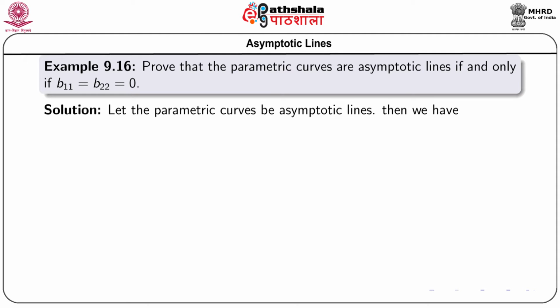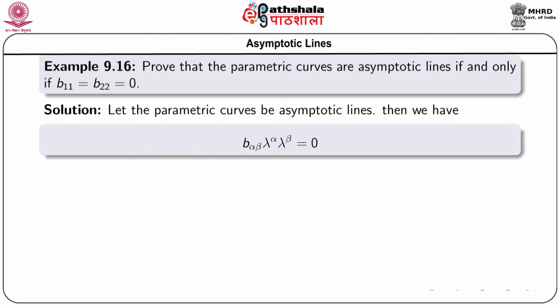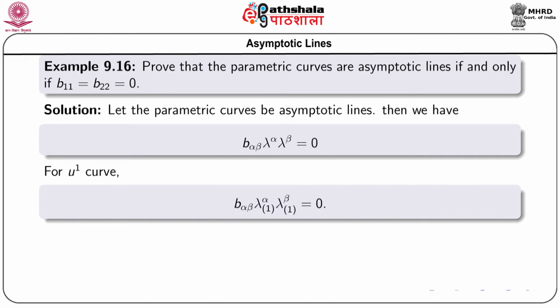First, we consider that the parametric curves are asymptotic lines. Then we have b alpha beta lambda alpha lambda beta equals to 0. This is the condition for the asymptotic lines. Now, for the u1 curve, we have b alpha beta lambda 1 alpha lambda 1 beta equals to 0.